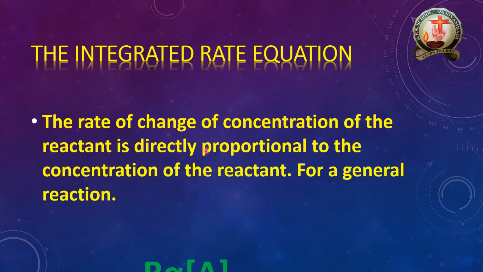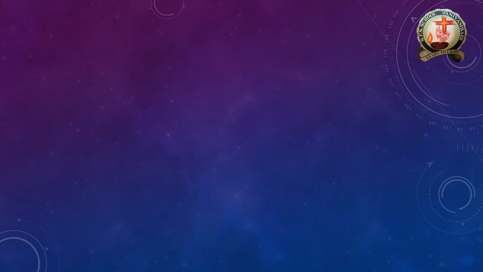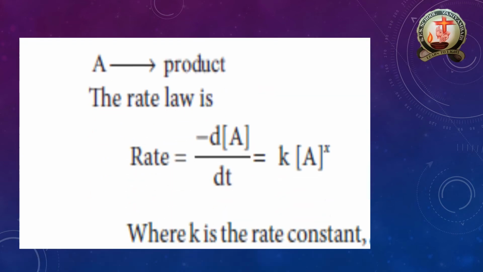I can give one example. Here the rate is directly proportional to the concentration of the reactant, A. See, this is a reactant and it gives a product.